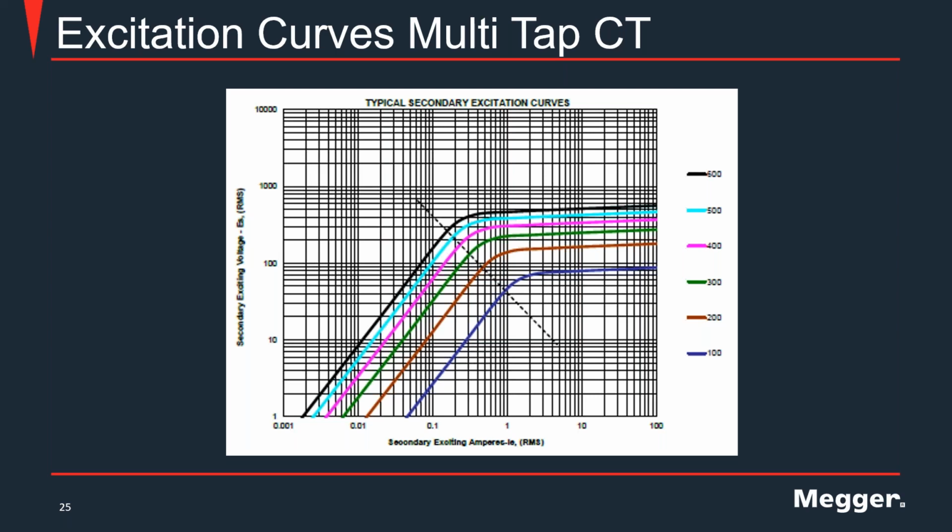You can use our error curves from the MRCT to determine if your CT for different burdens is going to fulfill your requirements. I think that's the most important part. Not exactly knowing when the CT is going to saturate in general, but if the CT is going to saturate for my application, which you can get from this result and from the burden that you have for your particular test.